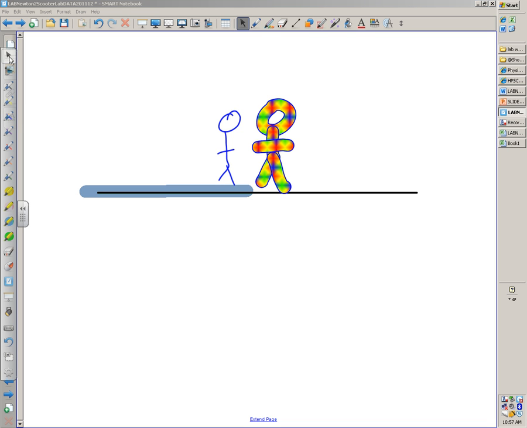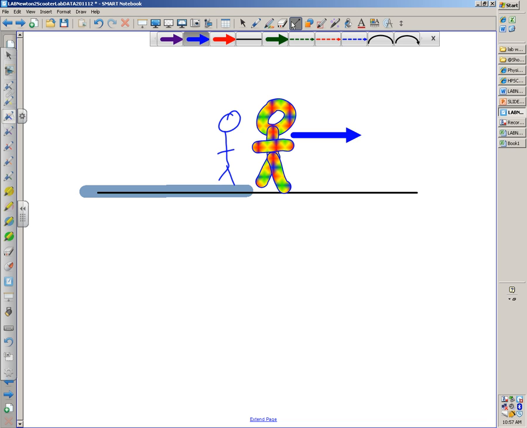So Blue Girl pushes on Striped Girl. So there's a force that way. We know that Newton's third law says automatically Striped Girl has to push back on Blue Girl, same force, different direction. But as we've already established, what's going to happen to Blue Girl now?